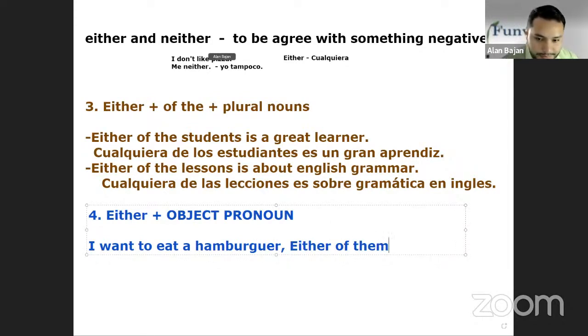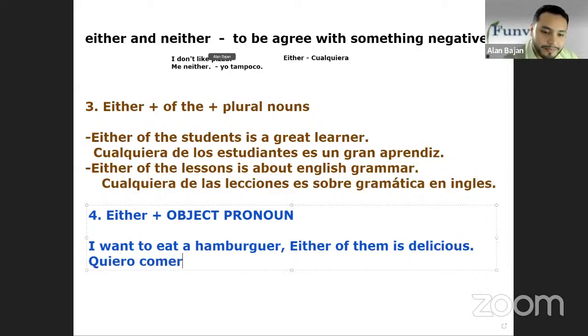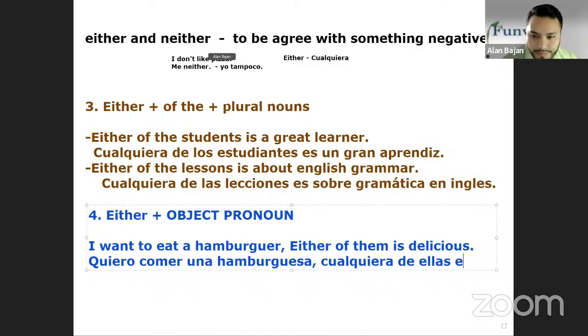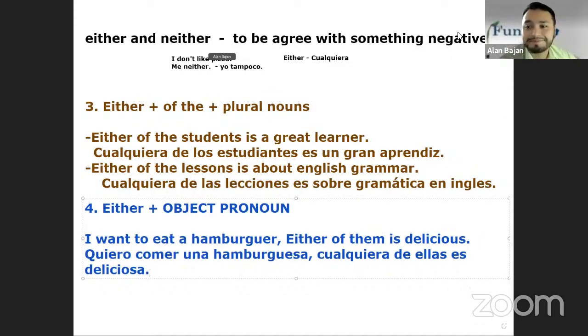Either of them is delicious. That's the translation. I want to eat a hamburger. Either of them is delicious.